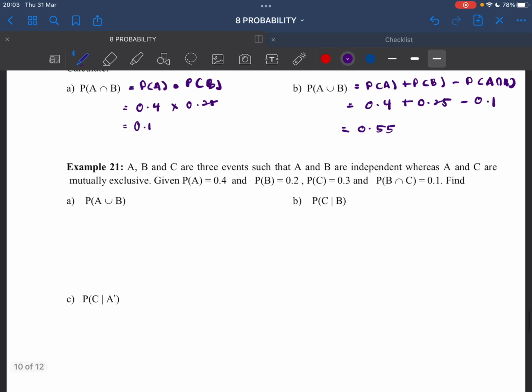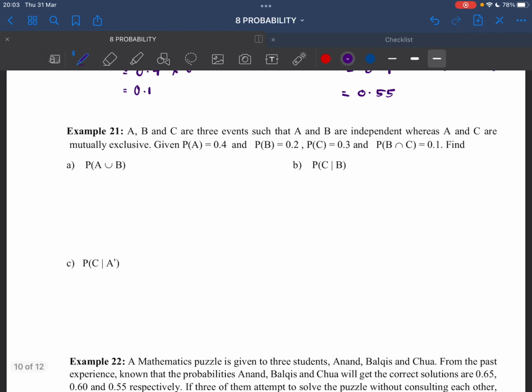Now let's take a look at example 21. A, B, and C are three events such that A and B are independent. So what is given to us is that A and B are independent, and A and C are mutually exclusive.